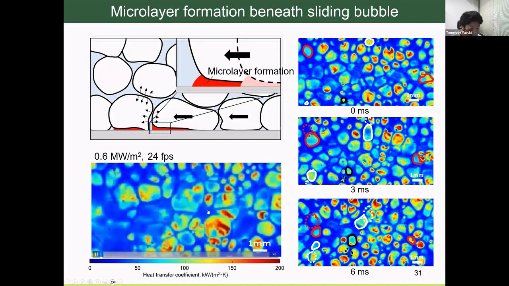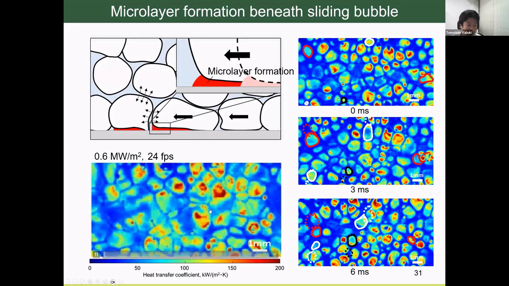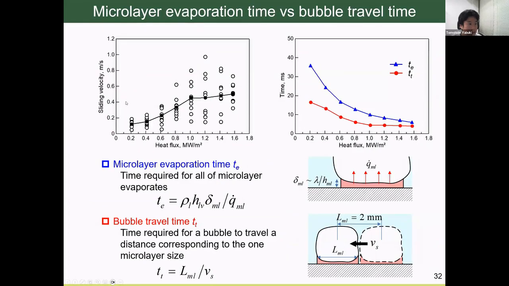And also, there's almost no dry patch because the microlayer quickly moves on the surface. Here is the sliding velocity extracted from the HDC distribution. Here we calculated the microlayer evaporation time, which is the time required for all of the microlayer to evaporate.